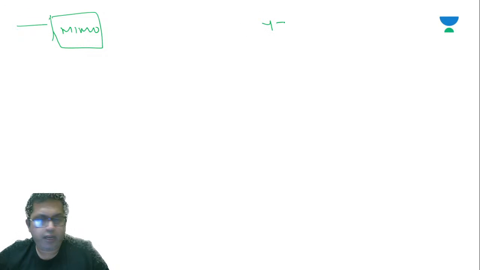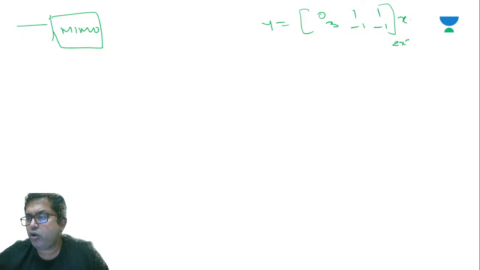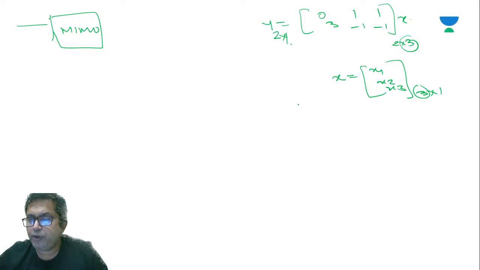Here, y is the matrix [0 3 1; -1 1 -1] into x. What is the size of this? 2 rows, 3 columns. The state matrix: how many states are there? x1, x2, x3. So it is 3 by 1. If you cancel these two, the y matrix will be 2 by 1, that is 2 rows 1 column, y1 and y2. So how many outputs? 2 outputs.